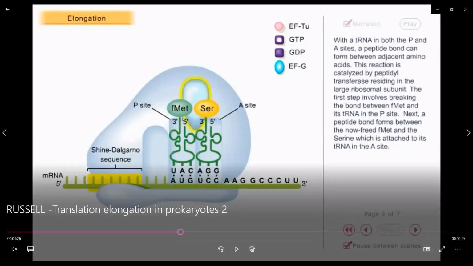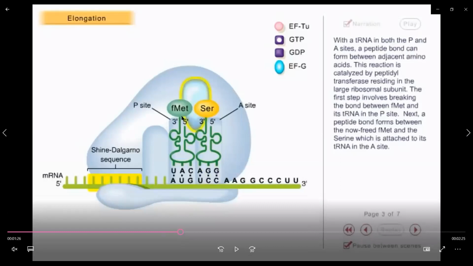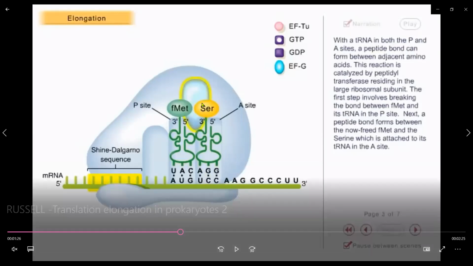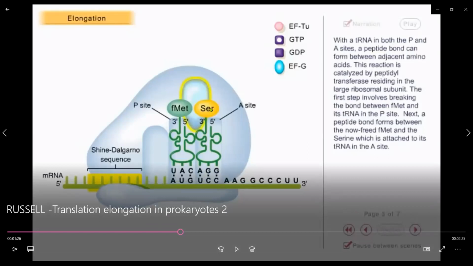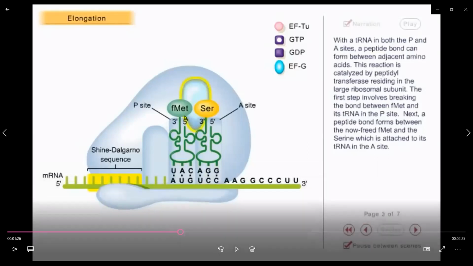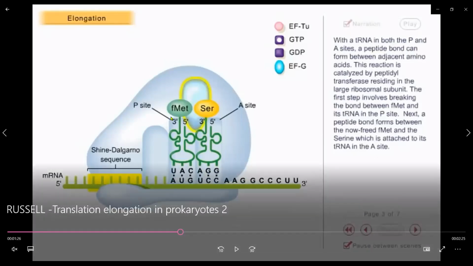So you will see once I start the animation, this bond will be broken. And next you will see the peptide bond formation between formyl methionine and serine, which is attached to the A site. So the bond will be broken here first, and the peptide bond formation will take place here.